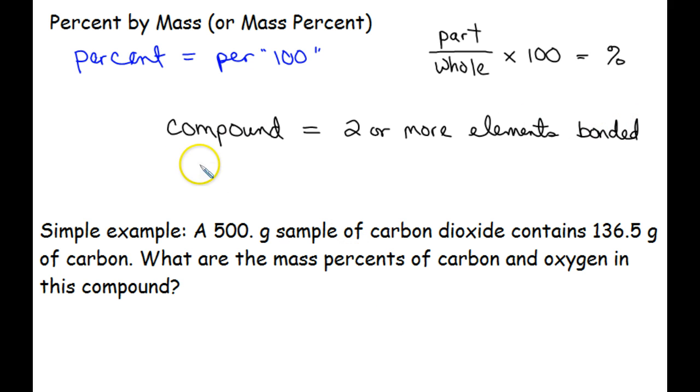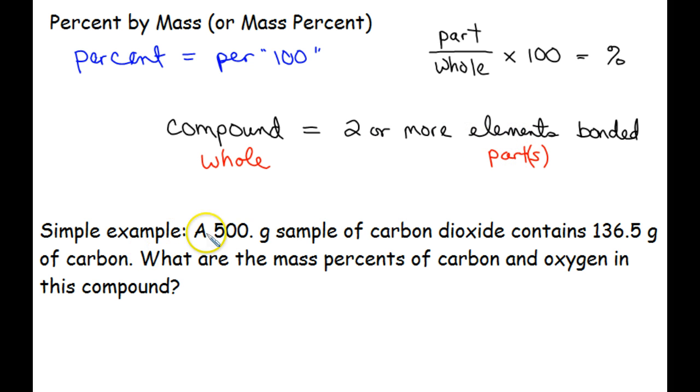So your compound is the whole, the elements are the parts. Now, mass percent problems can become more complicated when you have to actually calculate some of the individual things using formulas, but we're going to start with just a simple example.